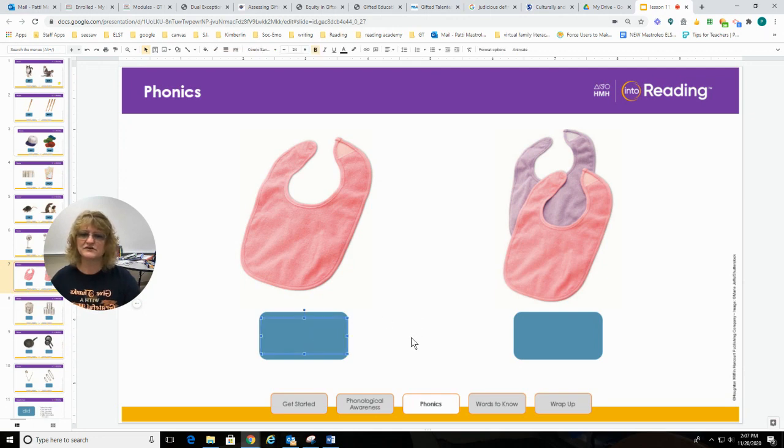What's this picture clue of? This is a bib. Bib. Okay. Oh, and on this side I have more than one. So let's do it. B-I-B spells bib. But there's more than one. So magic. Add an S. Bibs.